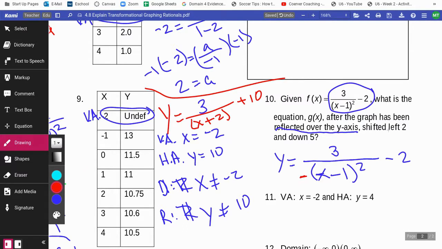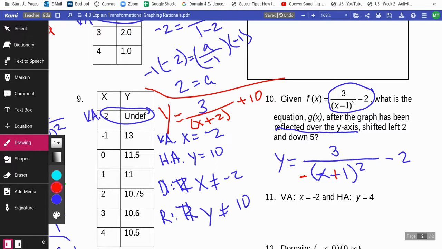Then right here, this means shifted left 2. So right here, x minus 1 means it shifted right 1 unit. Okay, so if I have to shift left 2 units, we're at positive 1 and we go back to negative 1, so this has to change to a plus 1.